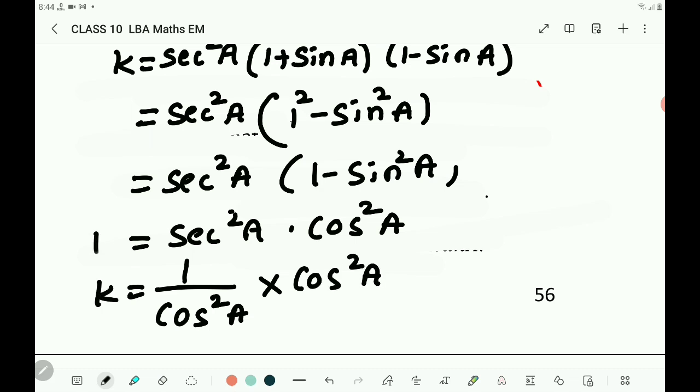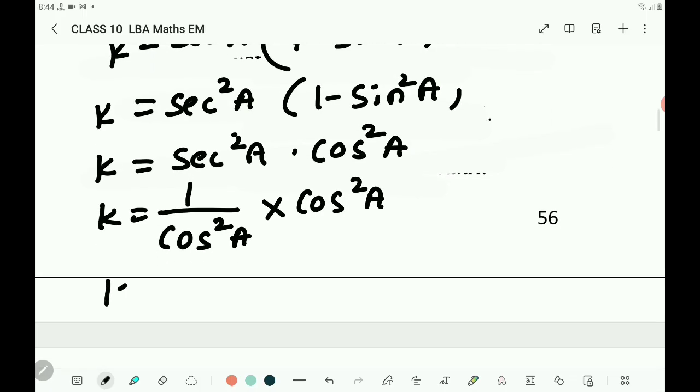I have taken k equals here. Therefore k equals, cos square a cancels. Then what is remaining, k is equal to 1, you got.